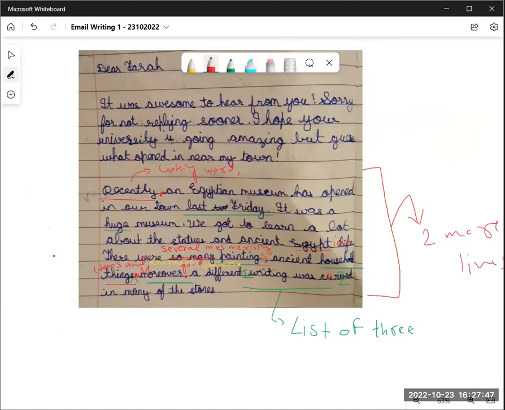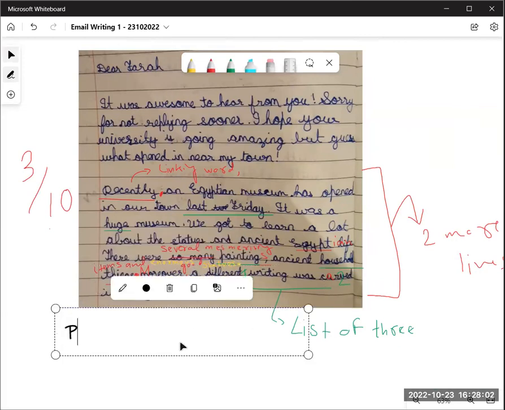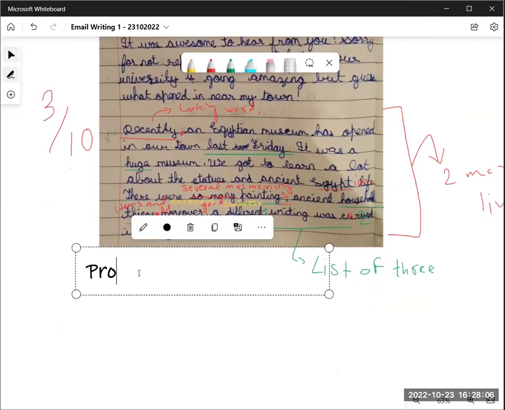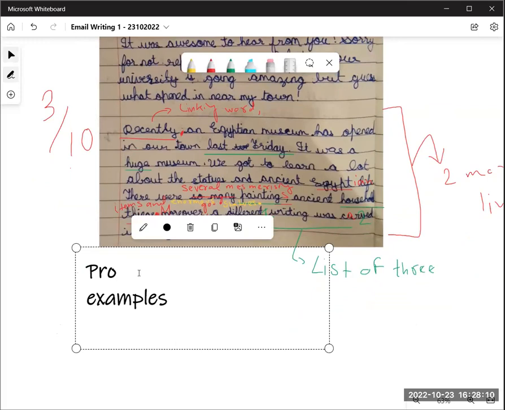Now this one is good, but I think you can do much better, especially with the adjectives and a few more things. We'll look at that. I'll tell you what you have to add. I'll tell you the good parts in your writing, which are you had examples, you had linking words, which was good.